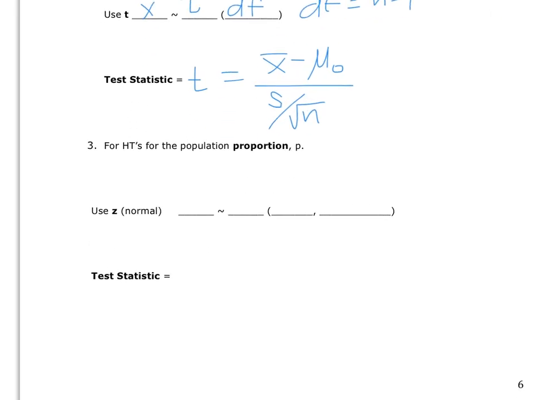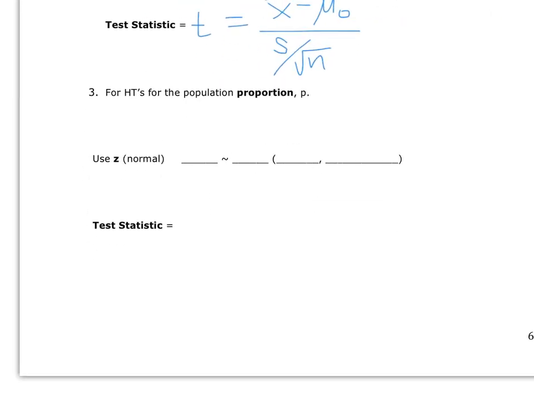If we have tests about proportion, if you remember from confidence intervals, we always use Z for proportion. So we assume that p prime, the sample proportion, is normal with mean of p sub 0, the value from the null hypothesis and the alternate hypothesis. And the standard deviation is the square root of p sub 0 and q sub 0 divided by n.